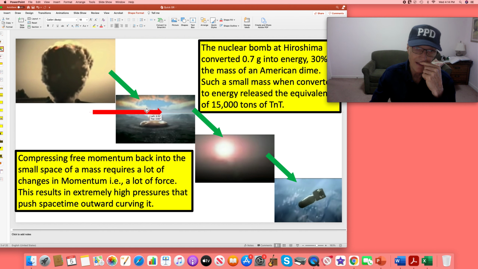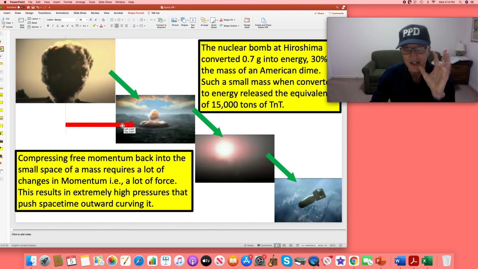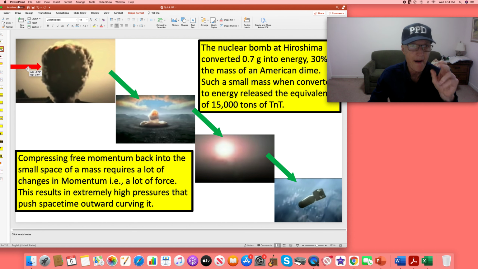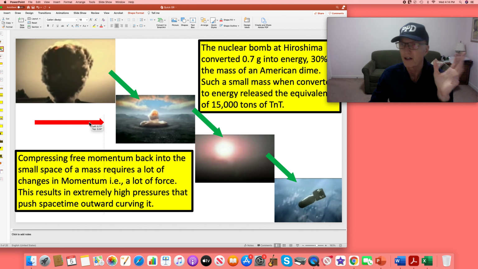Then a little bit later, it's expanding, and you see the hot gases coming out the top there, and radiation. That small amount of mass is converted into an enormous amount of radiation and particles and all sorts of things coming out of there. Then another picture of a giant cloud still expanding. In the previous one, you can see the shock waves, those rings moving out, knocking buildings down, trees down.